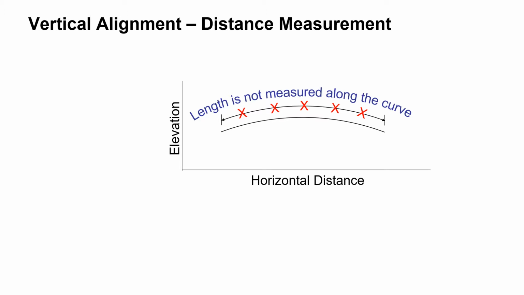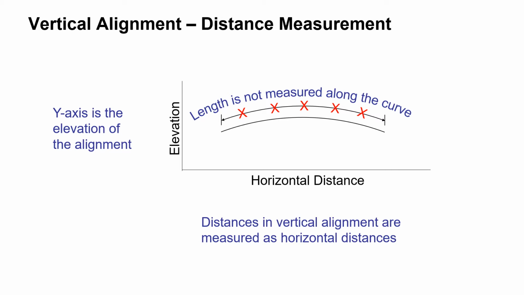One of the important things to know for vertical alignment is the length is not measured along the curve. It doesn't take into consideration the curvature. It's measured horizontally. The y-axis is the elevation of the alignment, and again, distances are measured as horizontal distances. The reason we have to do that is we only want one set of stationing. That stationing goes along our horizontal alignment.